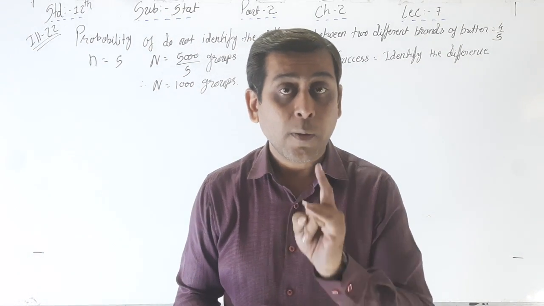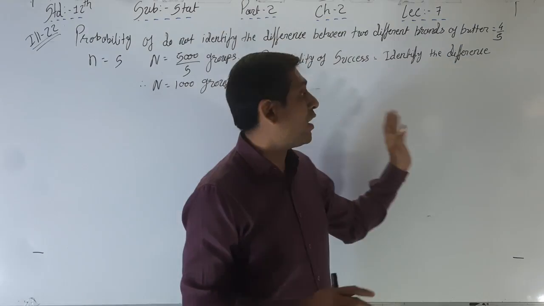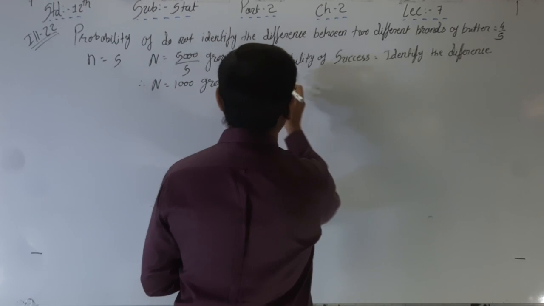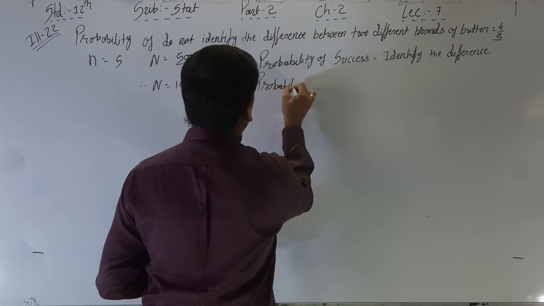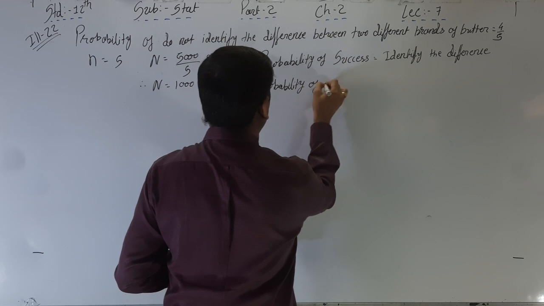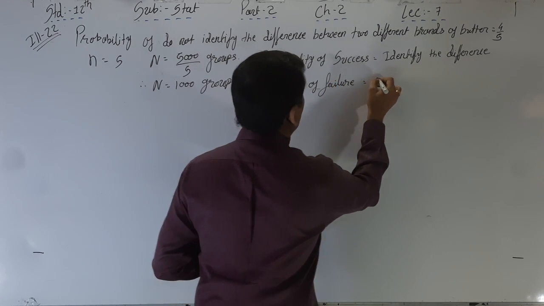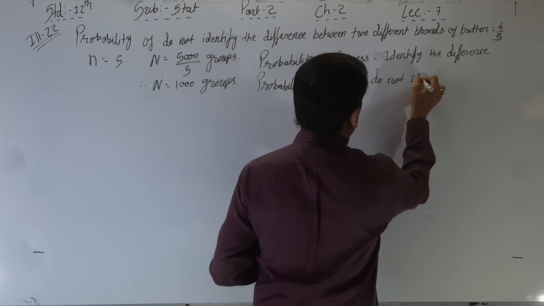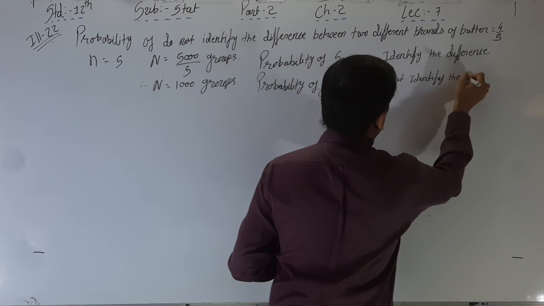That means here probability of success is can identify the difference. So the probability of success is this, and now the probability of failure is what? Do not identify the difference.